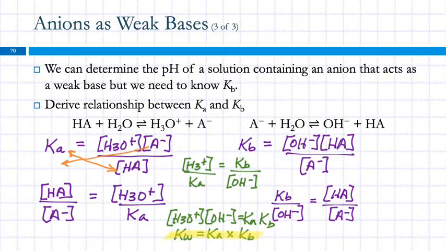So I can take Ka times Kb, which is going to be equal to these things times each other. This is probably what I was supposed to do, but I did it the other way because that's what came to my head. Probably. I was just being ornery.